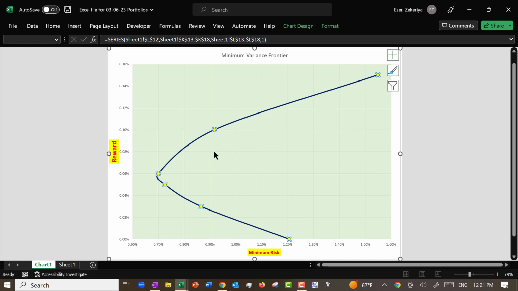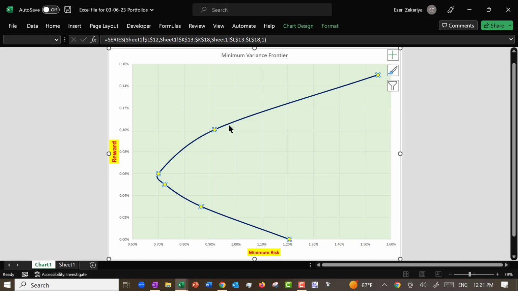Straight right, it's inefficient. Straight down, it's inefficient. The only way I could improve upon this portfolio in terms of return or risk is to go Northeast, okay? But when I go Northeast, yes, the reward increases, but so does the risk. So there does not exist a feasible portfolio that dominates this point. So anything on the upward sloping part is an efficient portfolio.